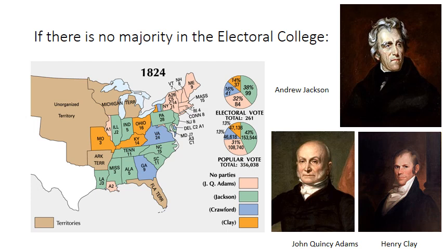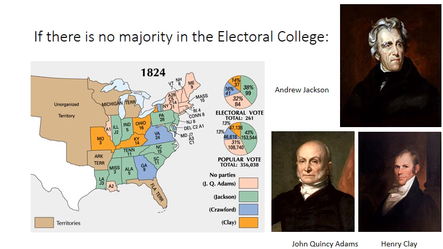So you can see Crawford won Virginia, Georgia, and Delaware, and a little slice of New York. Jackson won all the green states. Adams won the northeastern states and most of New York. And Clay won a few states, Ohio, Kentucky, and Missouri, and a little slice of New York.